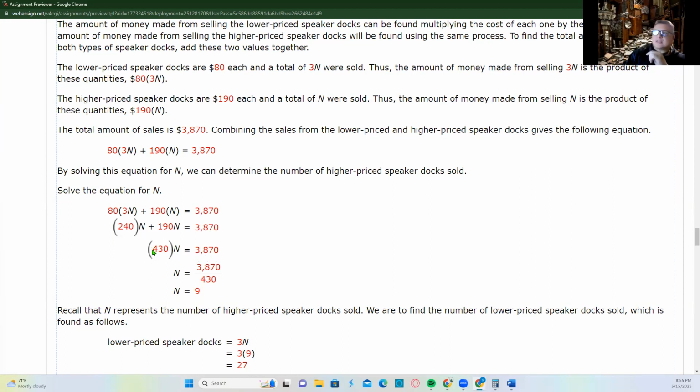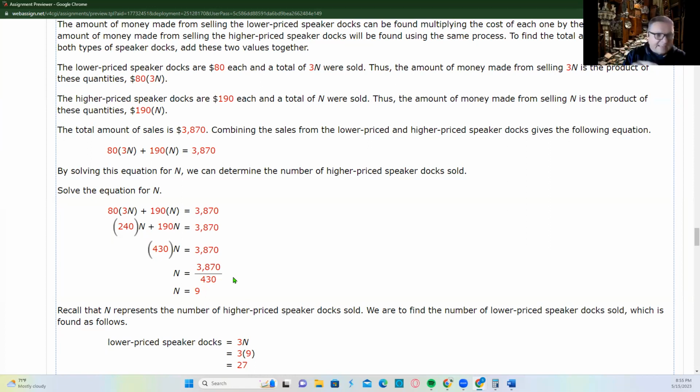Now, this is just like what we did before. They're multiplying, so we're going to divide. I'm going to divide 430N by 430. That's just going to become 1N because 430 divided by 430 is 1. Anything divided by itself is always 1, and that goes for variables too. If I take X divided by X, it would still be 1.